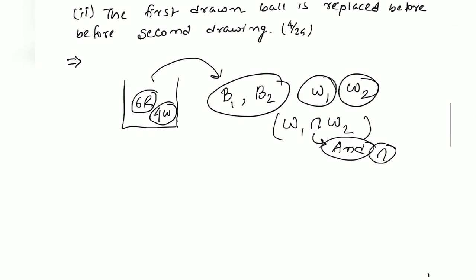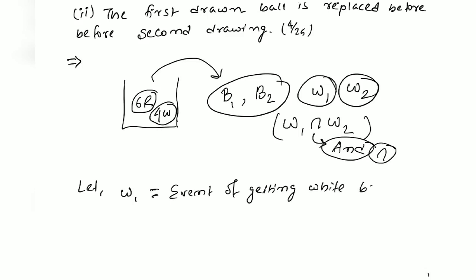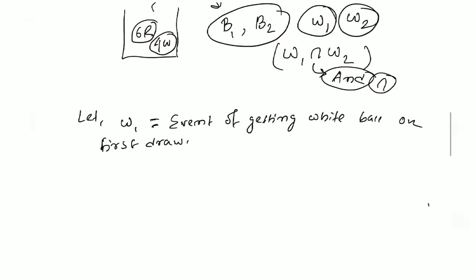Say let W1 be the event of getting a white ball on the first draw. Suppose on the first draw we are getting the white ball.